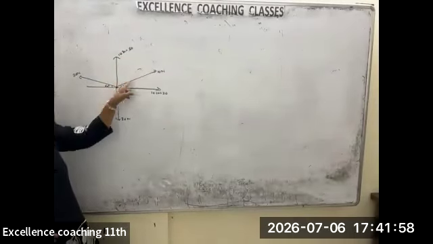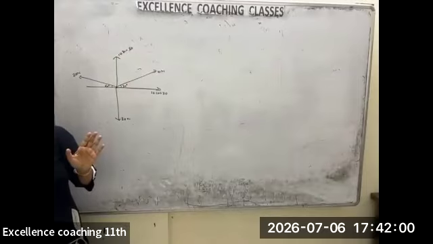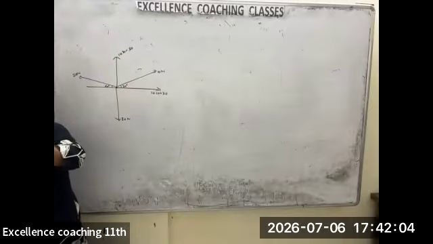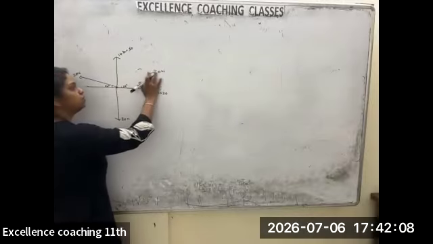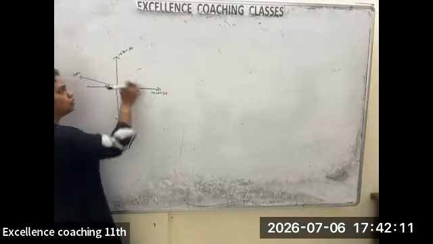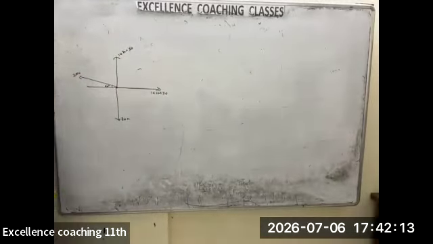When I split it, what happens to this one? Is it present or gone? It is gone. So this one is gone. Now what I will do with this one? Split it again.